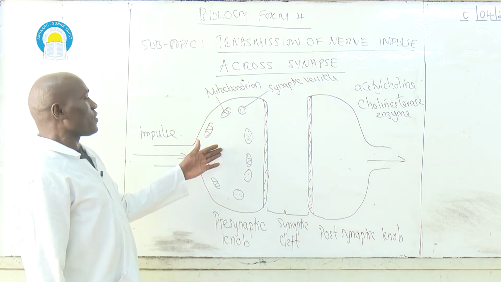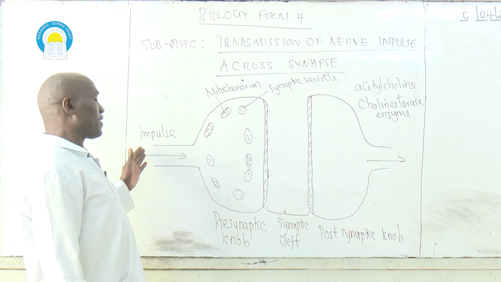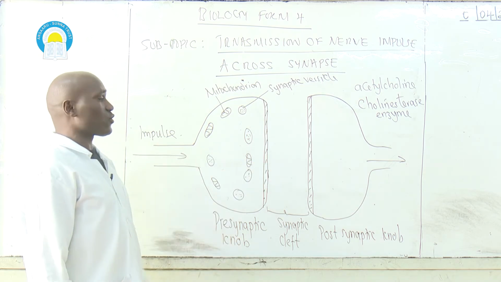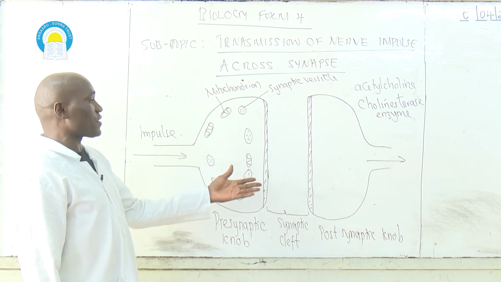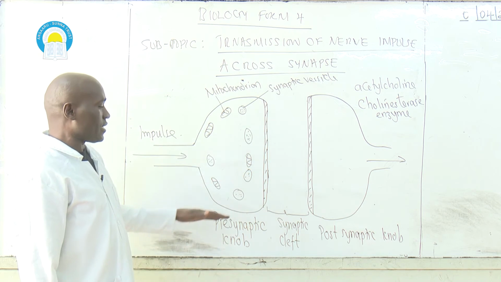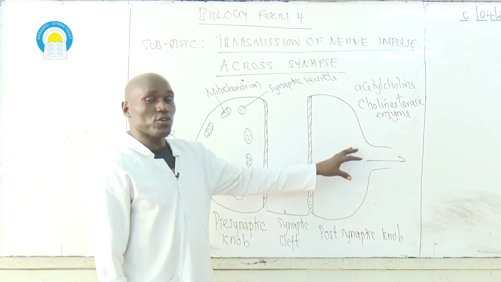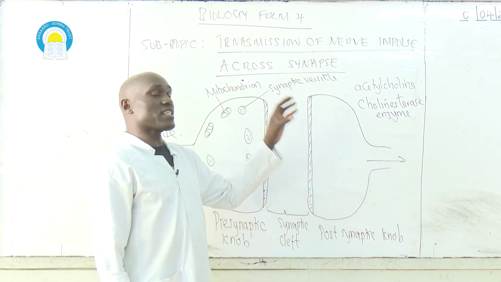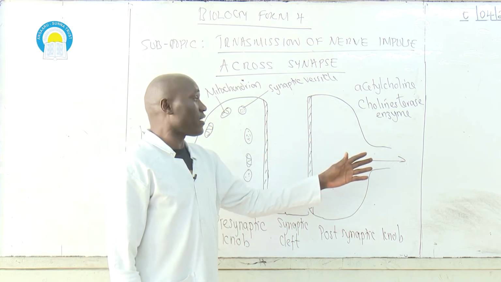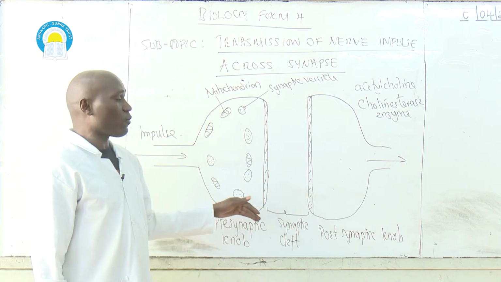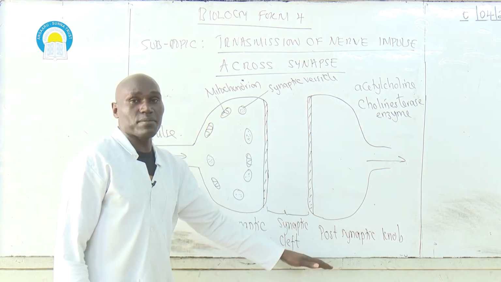If it is a knob of the neuron that brings in impulse to the cleft or to the synapse, we call it presynaptic knob. If it is the knob of a neuron that transmits nerve impulse away from the synapse, we call it postsynaptic knob.